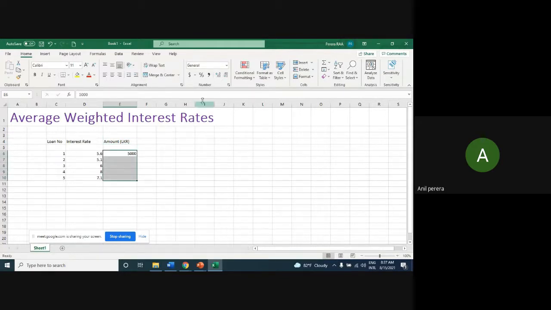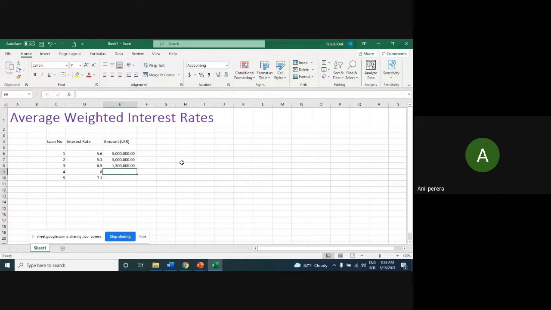Let's say we have a loan value of 5 million. At 5.1, let's say we have 3 million loan value. At 6%, let's put it as 6.5, we had 1.5 million loan value.